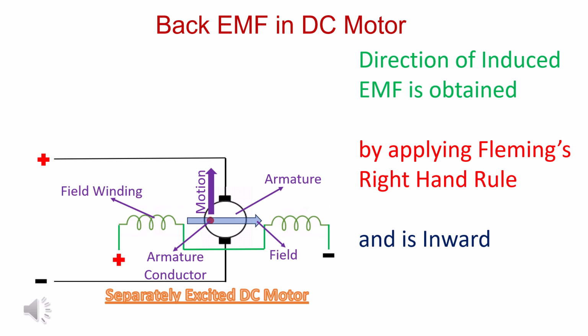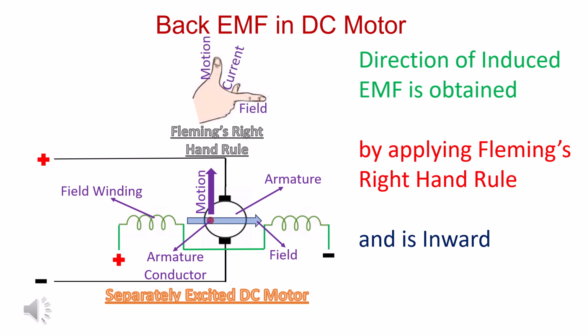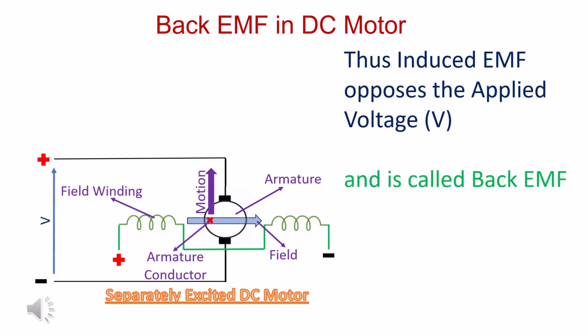The direction of induced EMF is obtained by applying Fleming's right-hand rule and is inward. Thus, induced EMF opposes the applied voltage and is called back EMF.